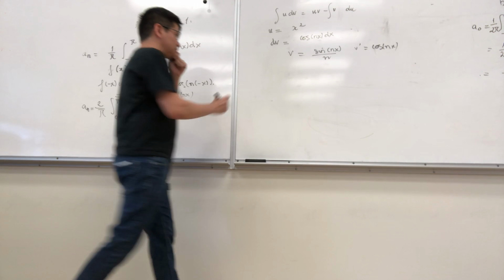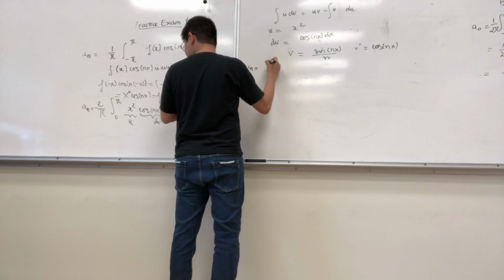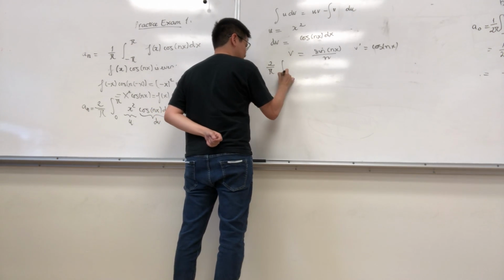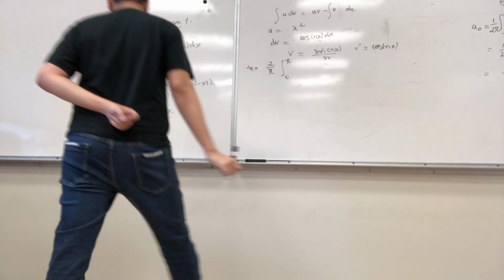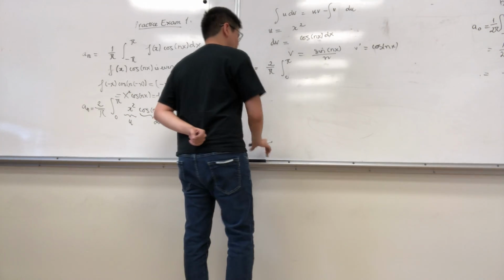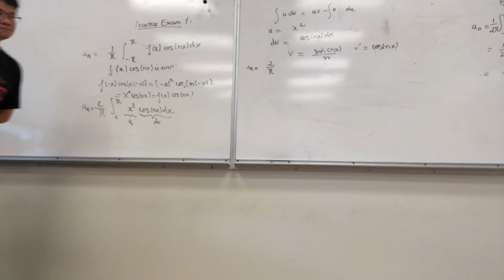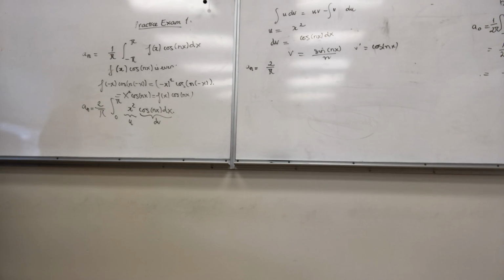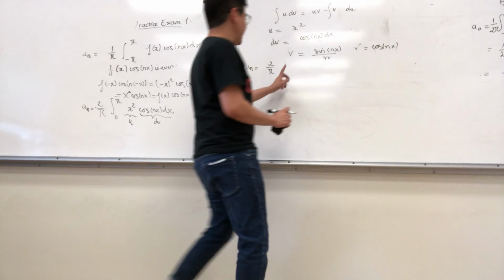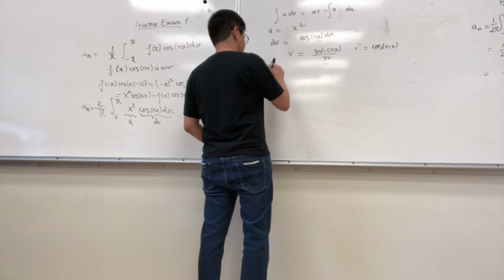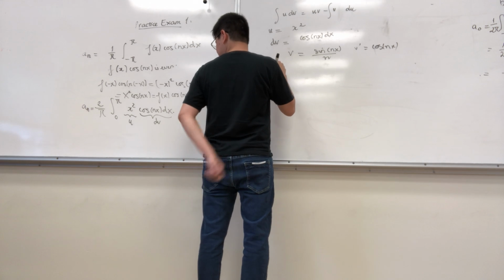Now, I'm going to use integration by parts. 2 over pi, integral from 0 to pi of, so I'm going to replace this here. Would du be 2x dx? 2x dx, okay, all right. So now I'm going to replace this here, and this is 2 over pi.